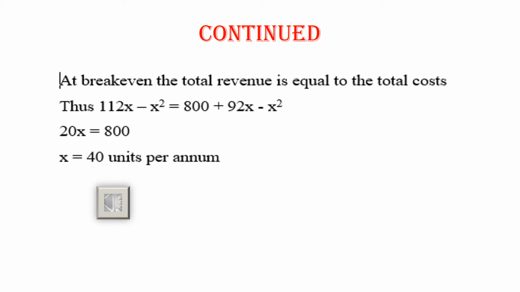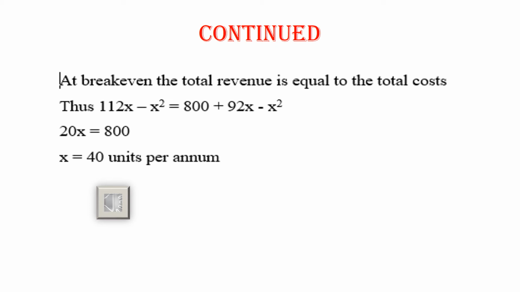Therefore, from the two functions obtained above, of total revenue and total cost, we simply equate them. We know that the total revenue is 112x minus x squared. Therefore, we equate it to the total cost function, which is 800 plus 92x less x squared.